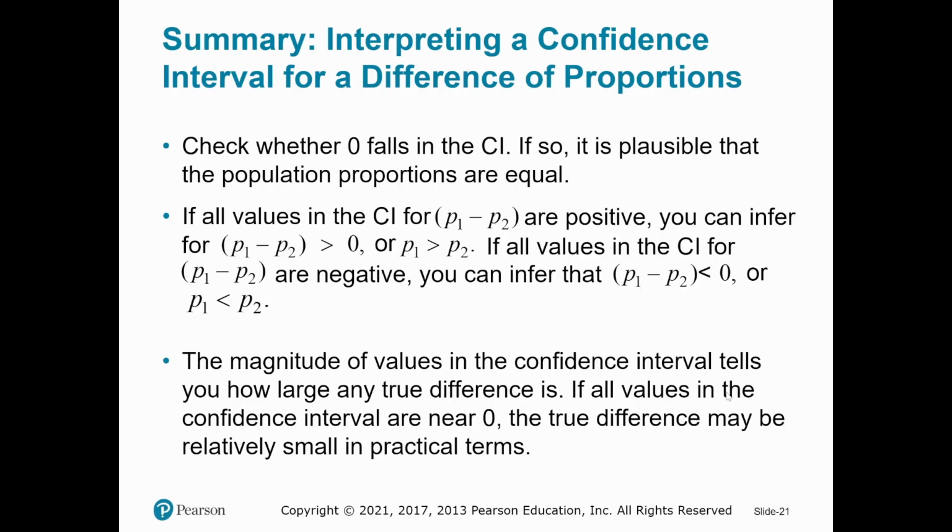If all the values in the confidence interval are near zero, what this author means is if the bounds of the confidence interval capture the hypothesized difference in proportions of zero difference, that means no difference, then the true difference may be relatively small in practical terms. Okay, next slide.